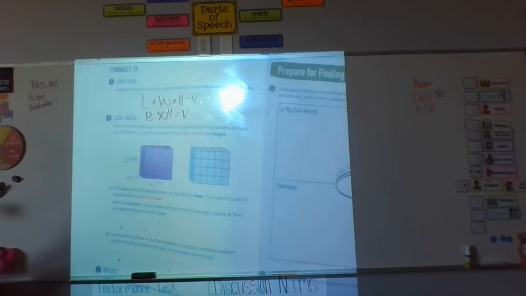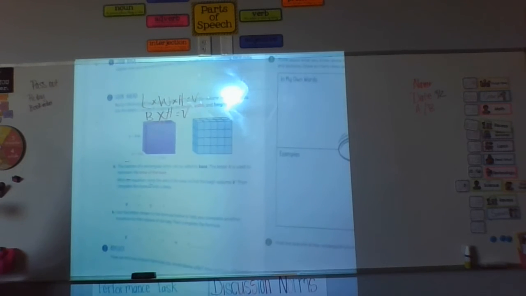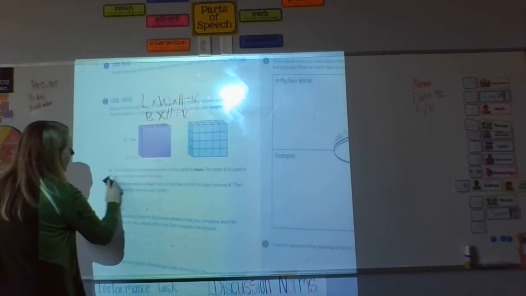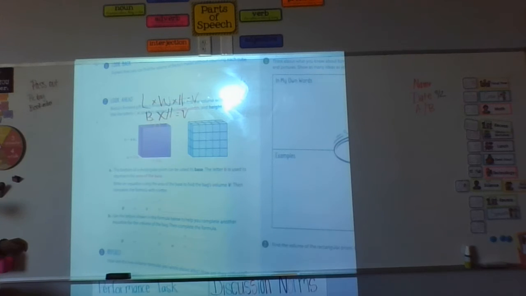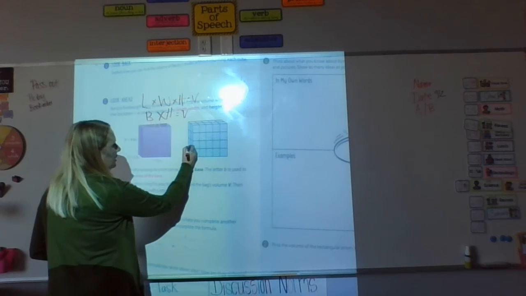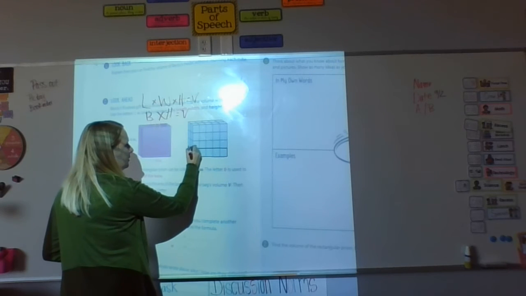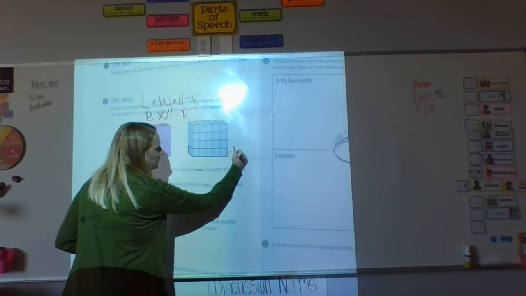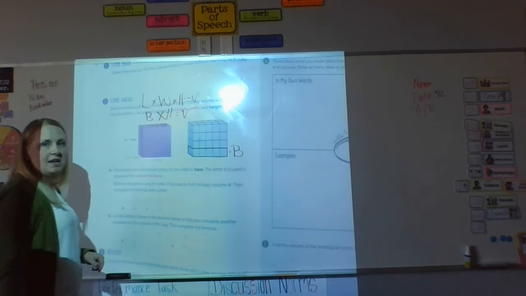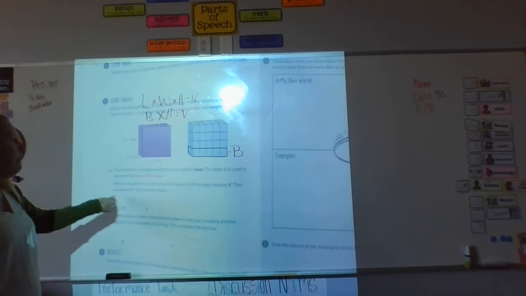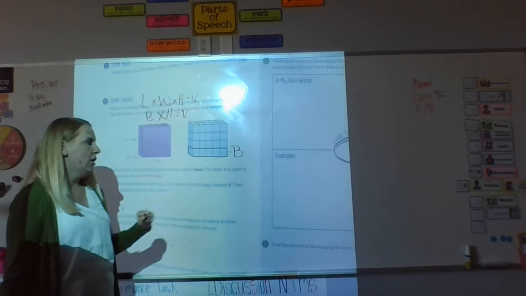Let me scoot this up just a little bit. It says the bottom of a rectangular prism can be called its base. That's the base. The base is how many are in each layer. Write an equation using the area of the base to find the bag's volume.